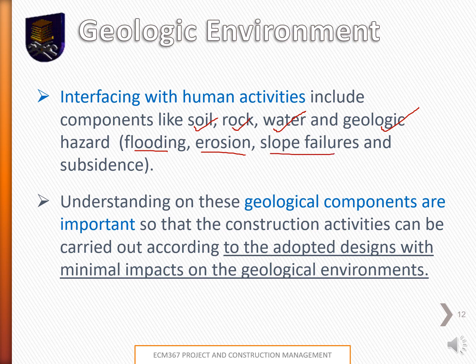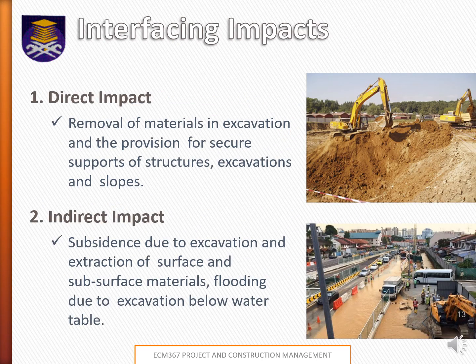So by knowing and understanding the geological components of a site, the construction activities can be carried out according to the adopted design and minimise any negative impacts to the environment. This is important to achieve sustainable development. So this is what I meant by impact from the site investigation if the site investigation is not conducted properly.